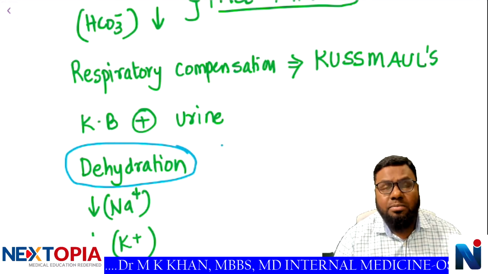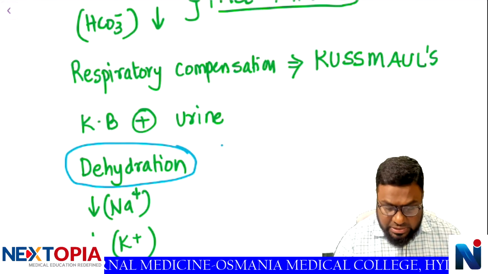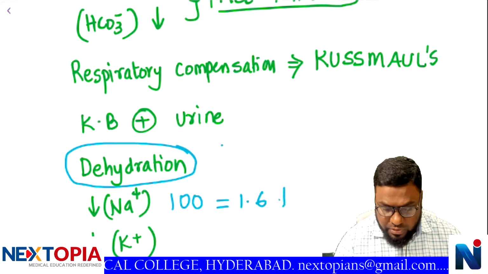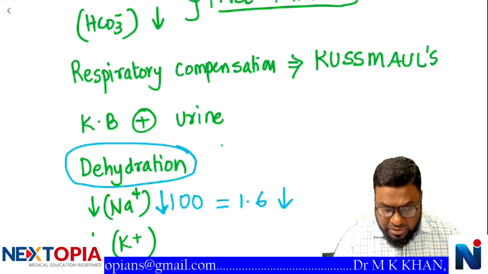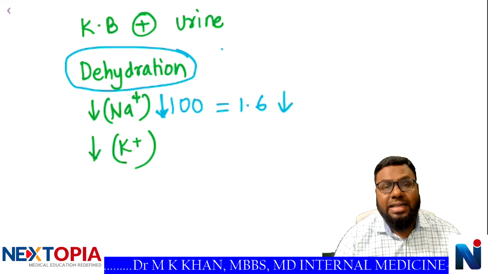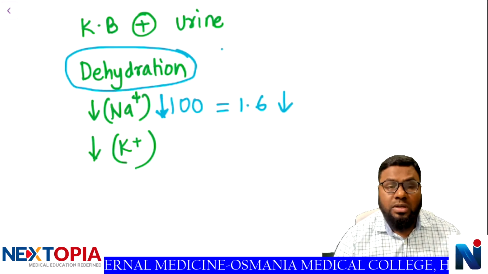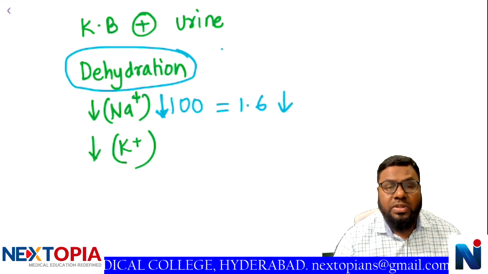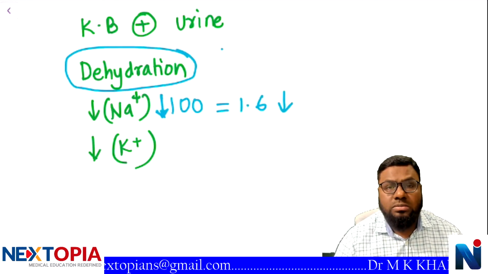So for every 100 points decrease in the glucose, there is 1.6 decrease in the sodium. So 100 milligrams per deciliter decrease in glucose, there is close to 1.6 milliequivalents per liter decrease in the sodium. We all know that hyponatremia has a direct effect on the brain, resulting in confusion state. All right. So you will have to elevate the glucose.